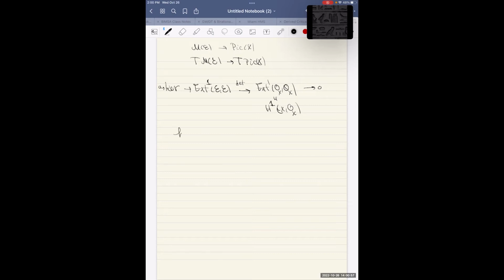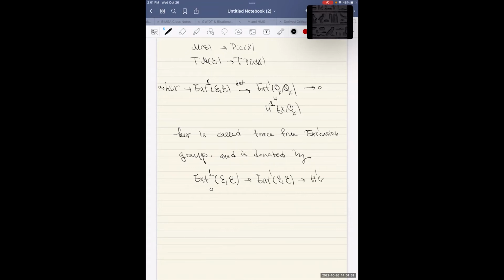And that kernel is called the trace-free extension group, and is denoted by Ext^1(E, E) trace-free. You put it in here. And in fact, it sits inside Ext^1(E, E) and then H^1(X, O_X).